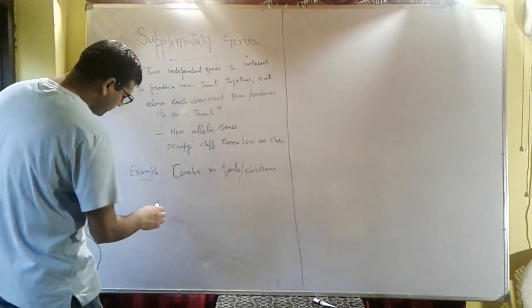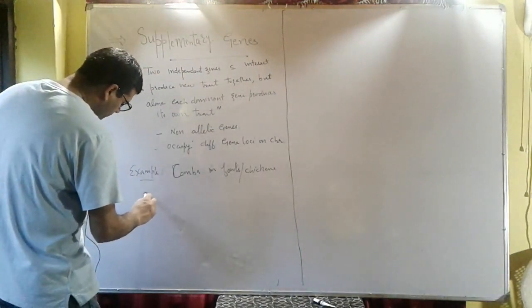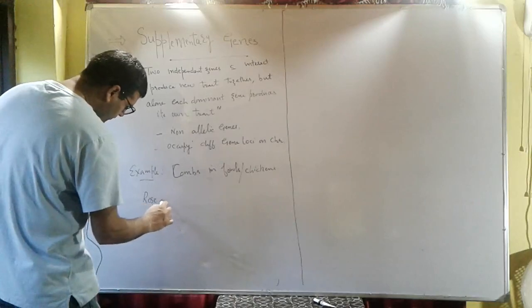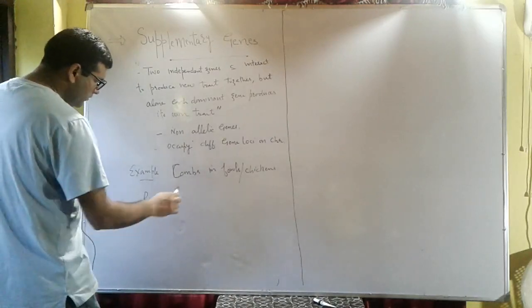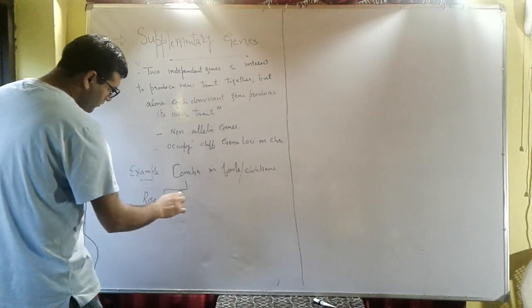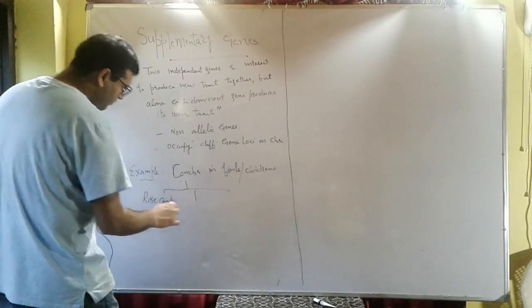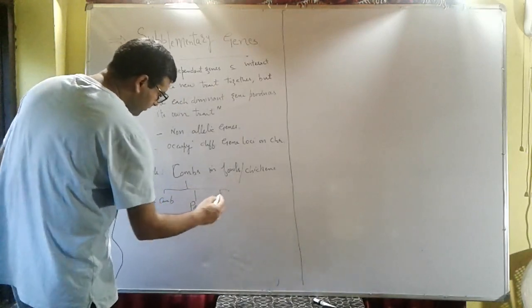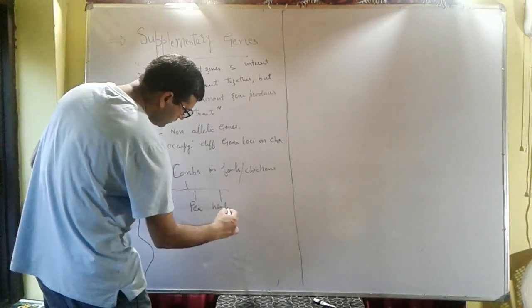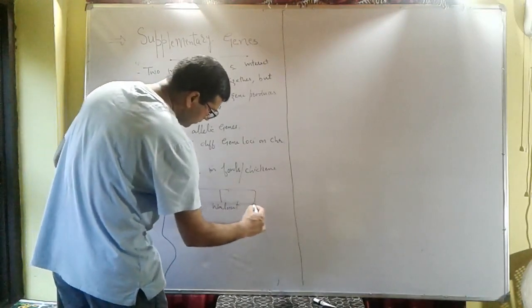So we have rose comb, pea comb, walnut comb, and single comb.